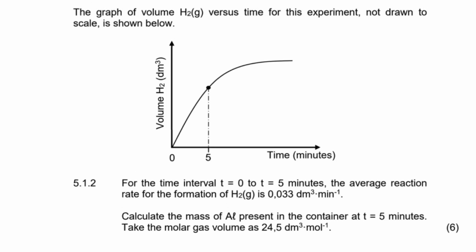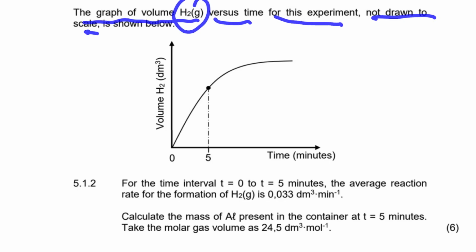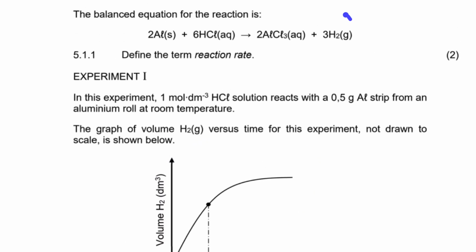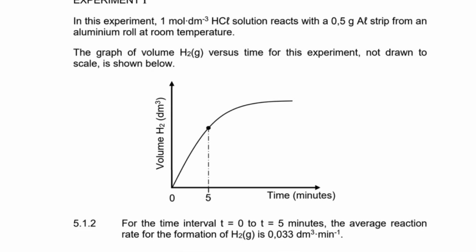Very important. Now it says the graph of volume of hydrogen versus time for this experiment is not drawn to scale. So this is the graph of the gas forming, the product, which is the hydrogen. It was captured and measured per time interval.